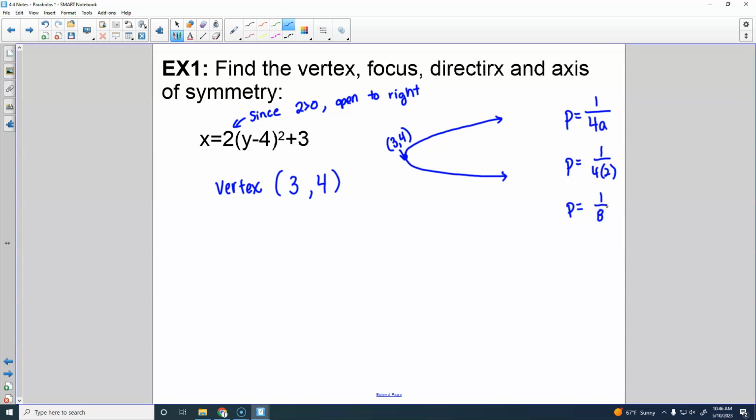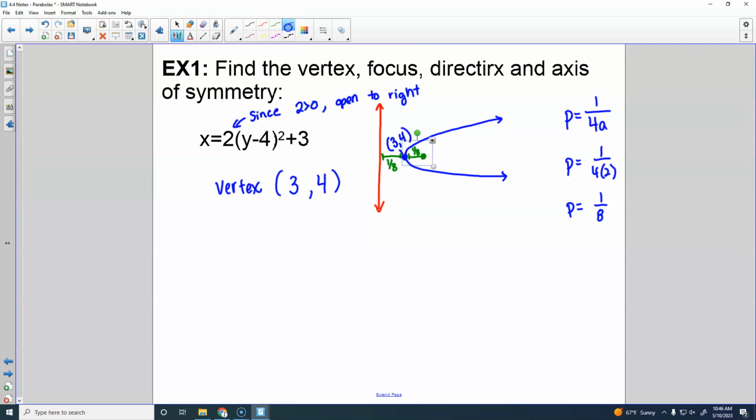All right, so that means that your focus is going to be here on the inside of the parabola, and it is going to be 1/8 unit to the right. And then you're going to have a directrix, which is going to be this line over here, and it is going to be 1/8 of a unit to the left.